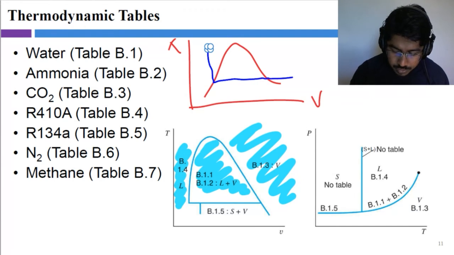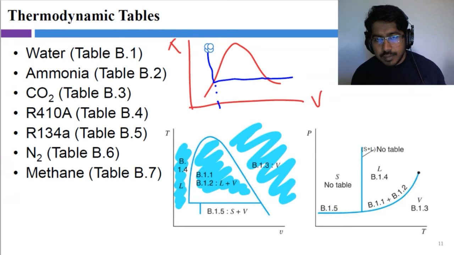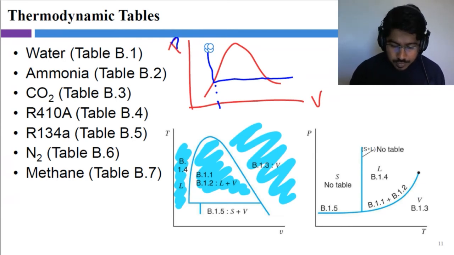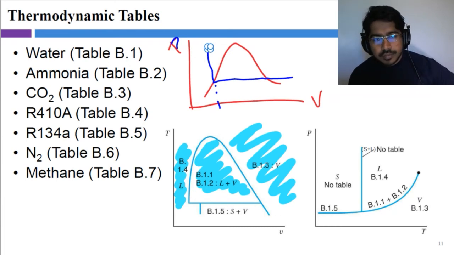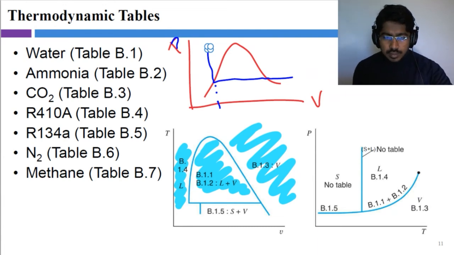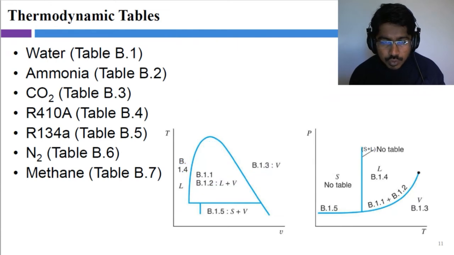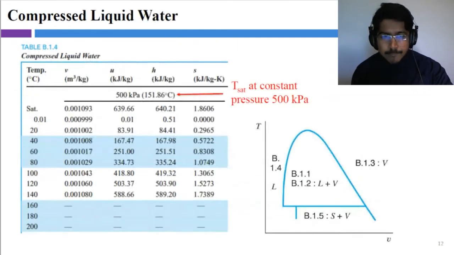The specific volume of a substance is not going to change too much in the compressed liquid region with added pressure. Are we clear on that regard? Any questions so far? I guess this is just the introduction, so you may not have many questions. Let's move on to the next one.